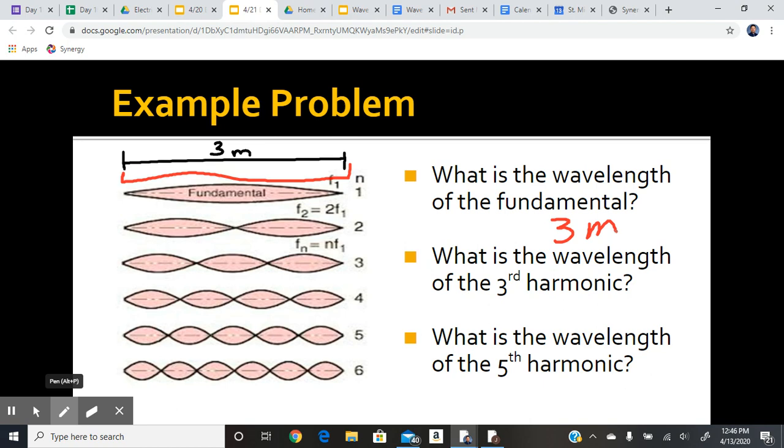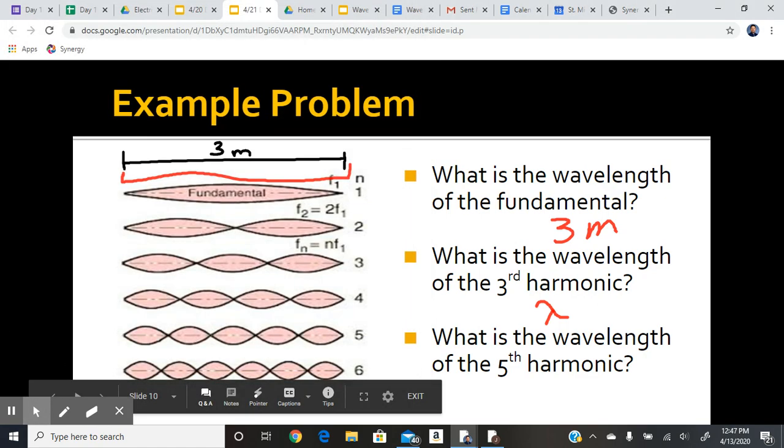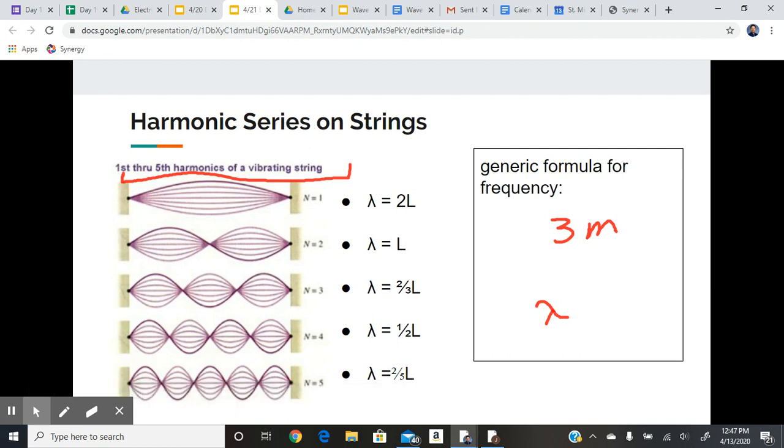And then for the wavelength of the third harmonic, if I go back and take a look at my third harmonic, remember it is 2 over 3, or 2/3 of the string length.